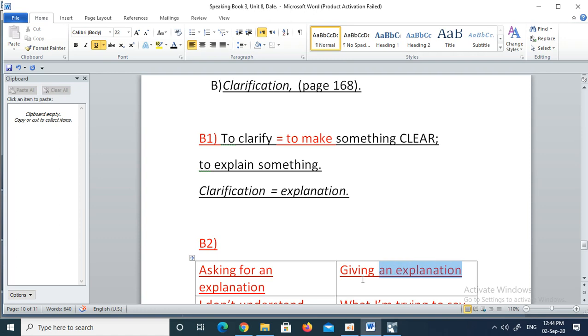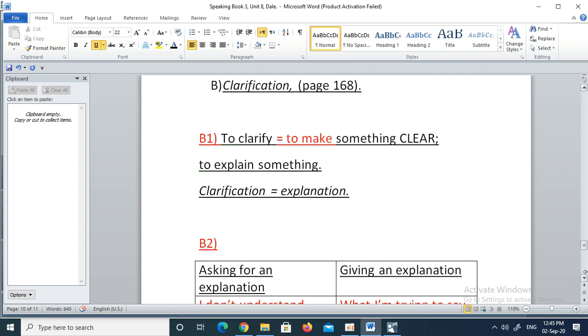Now, in English, if I don't understand, there are certain phrases I can use to tell the other person I don't understand. It is not clear to me.